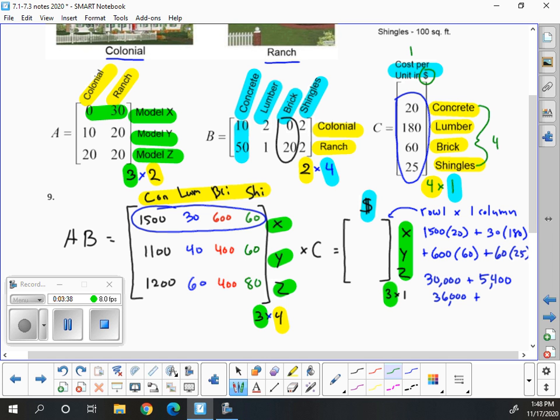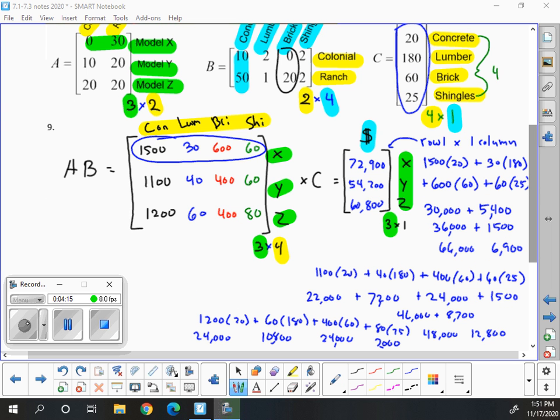Plus the 60 times the 25 would be, I think, 1,500, I believe. Okay, let's add those up. 66,000, 6,900. So that looks like 72,900. Okay, pause it right here and see if you can figure out the cost for all the Model Y and all the Model Z.